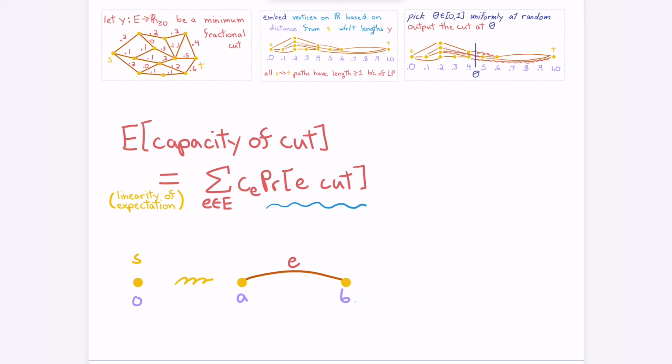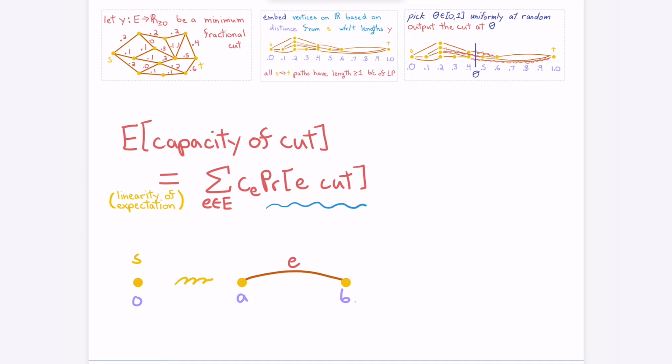Okay. Now, what is the probability of this edge being cut? Remember, at some point we have to relate it back to the LP. Yeah, so it's really the distance from B to A, right? Okay.